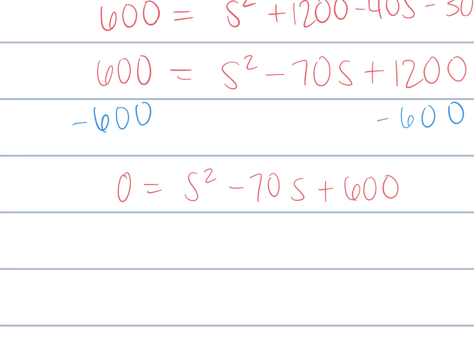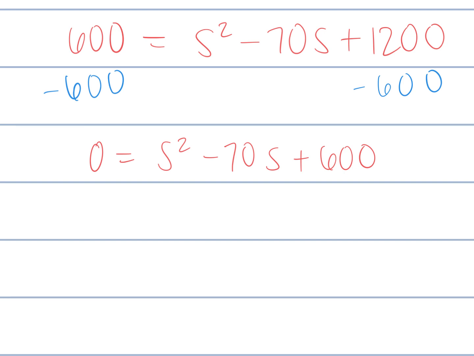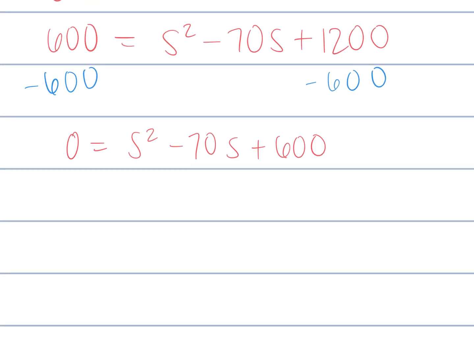So now, in order to use the zero product property, guys, remember product means multiplication, right? I need to factor so that there's two things being multiplied here. So now we follow our factoring rules. You need to find your A, your B, and your C and do the same process. What's my A here? 1. What's my B?